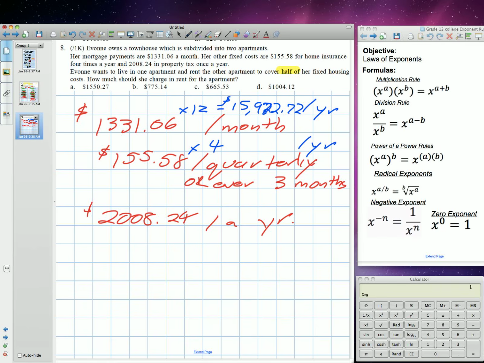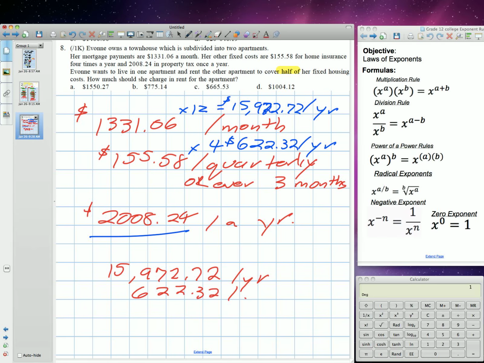Her yearly expenses are $15,972.72 in mortgages. She pays $622.32 in, what is this one? Home insurance. And she pays $2,008.24 in property tax a year.